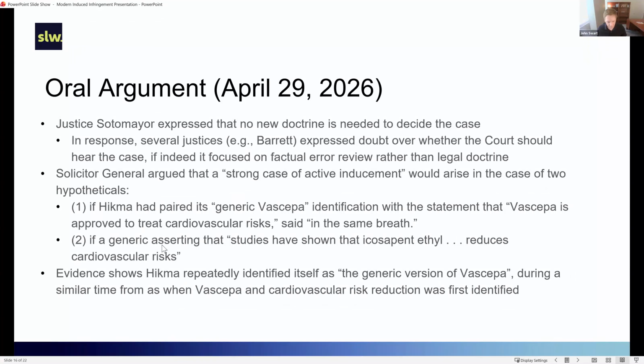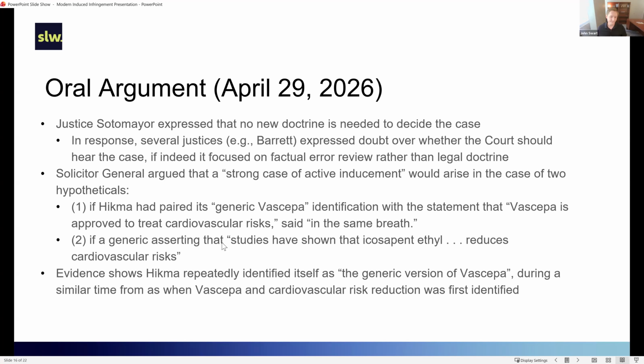Hikma did not assert that studies have shown that icosapent ethyl reduces cardiovascular risks, but based on the timing and where these drugs were marketed and everything, if there's any argument here in favor of Amarin, it would be closer to this second hypothetical, where even the Solicitor General has conceded that this would be a case for active inducement.